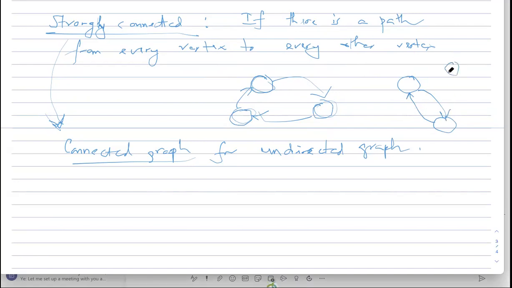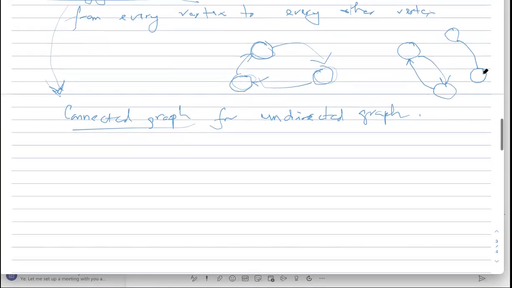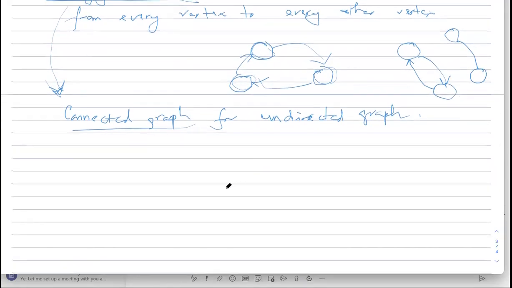Now, if I draw in the undirected case, I have to draw something like this, right? Drawing another one doesn't make any sense. So this distinction you have to keep in mind: if there are two nodes, then a strongly connected region or connected graph just implies having an edge between the two.